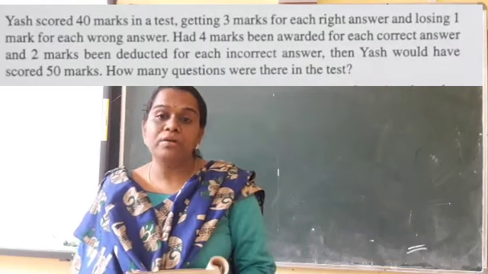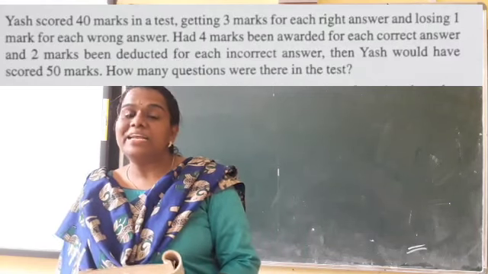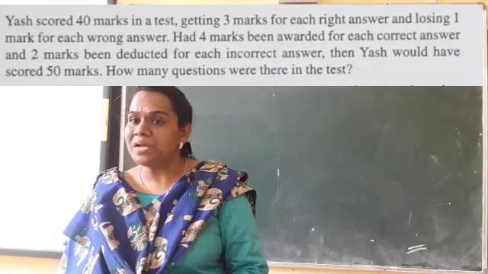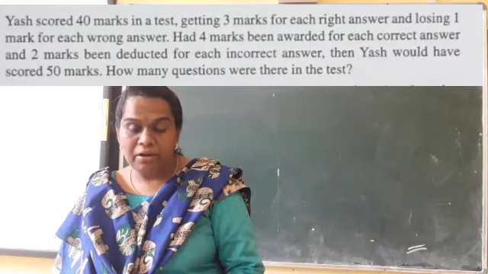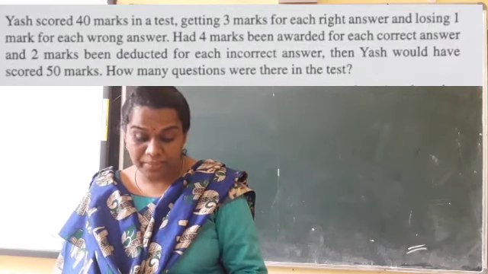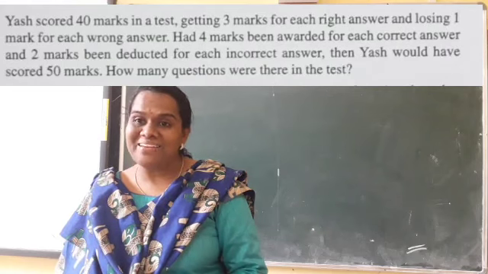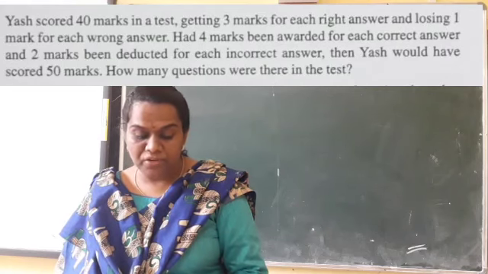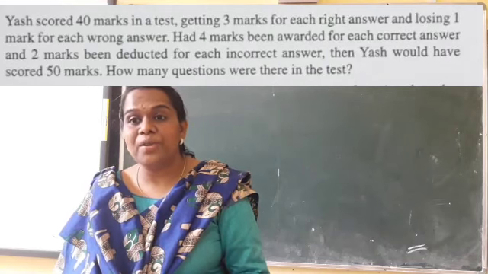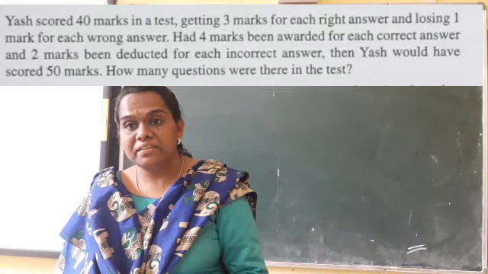Yash scored 40 marks in a test. Like our entrance examination, there are negative marks. Clear? 40 marks: 3 marks for a right answer and losing 1 mark for a wrong answer. For each correct answer, how many marks does he get? 3 marks.